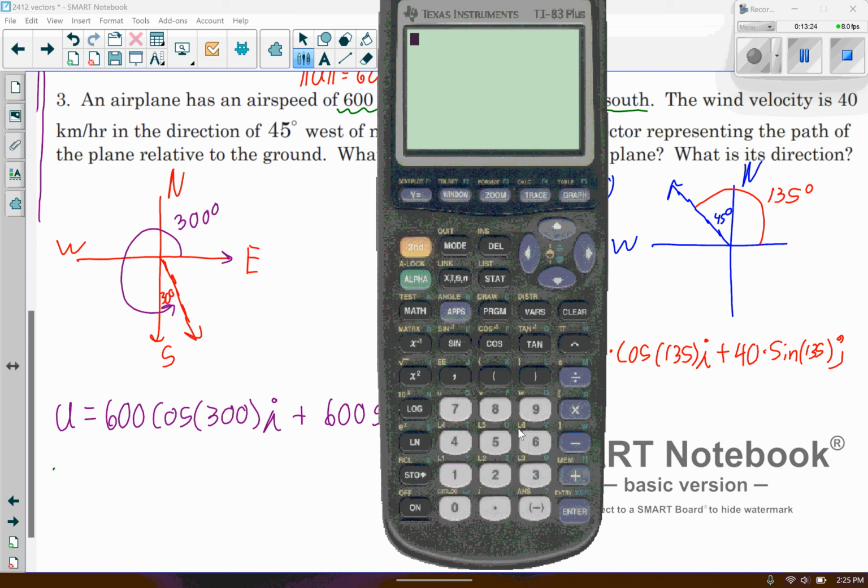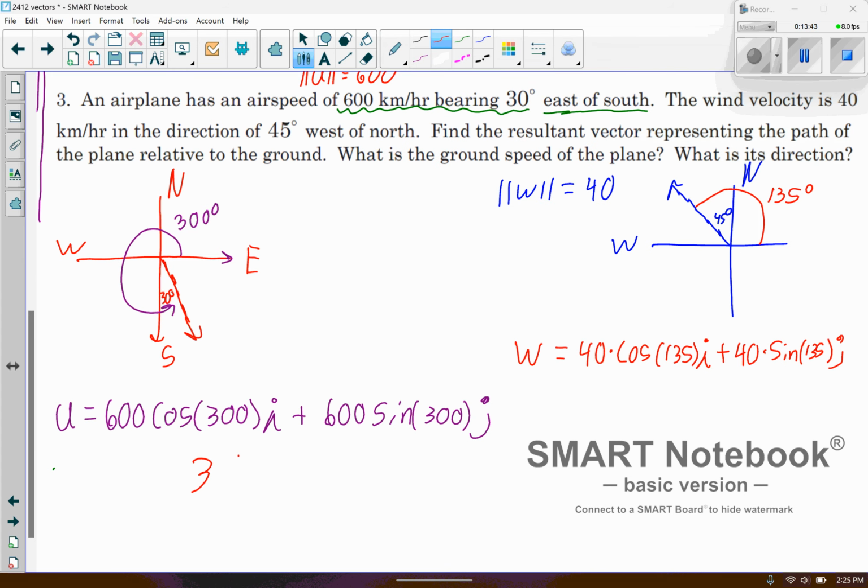I'm going to do 600 times the cosine of 300. That gives me this value, which actually comes out nice. I believe on the homework they're going to be decimals, but let me go ahead and write that down. I think I'll get some decimals on this next one.